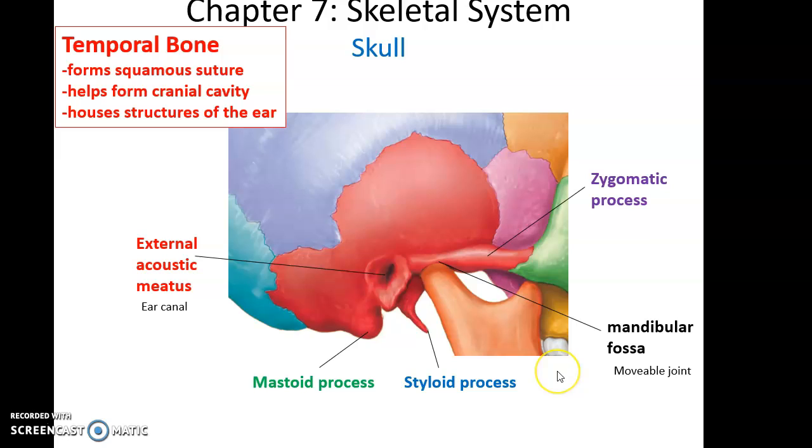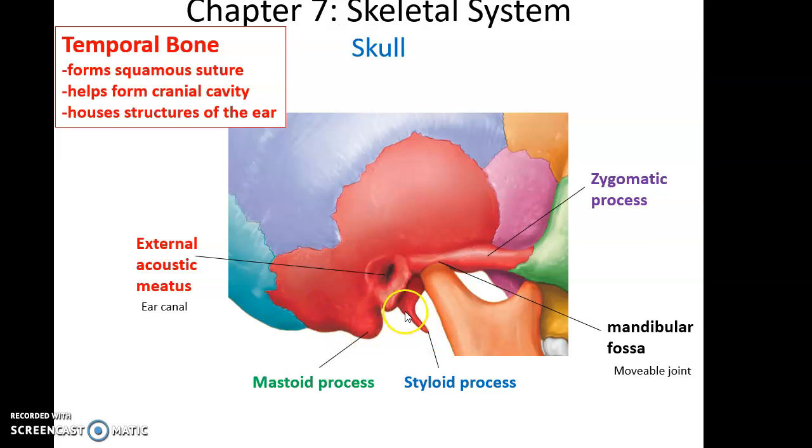There are some important surface features, some important bone markings that you need to know. There is this hole going into the temporal bone. That is the external acoustic meatus. You probably noticed, the ear canal. So the temporal bone has the external acoustic meatus. Inferior to that is this large rough patch of bone tissue called the mastoid process.